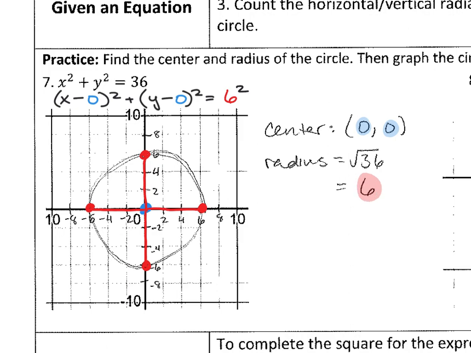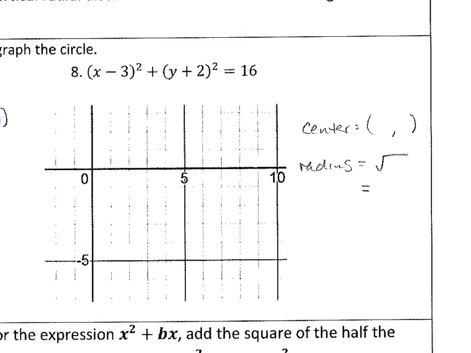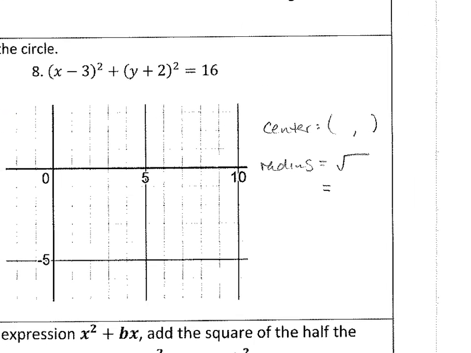Okay, so let's see an example that we're going to do all together. In this problem, we need to figure out the center and we need to figure out the radius from the equation. I'm going to find the centers by looking at these numbers.